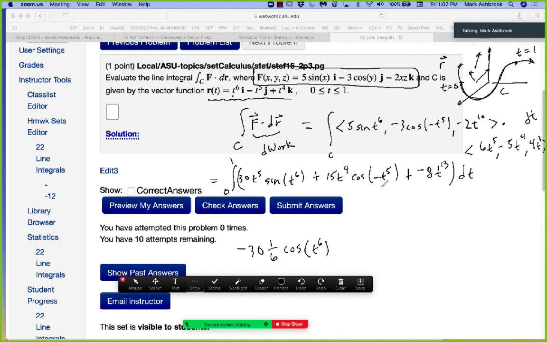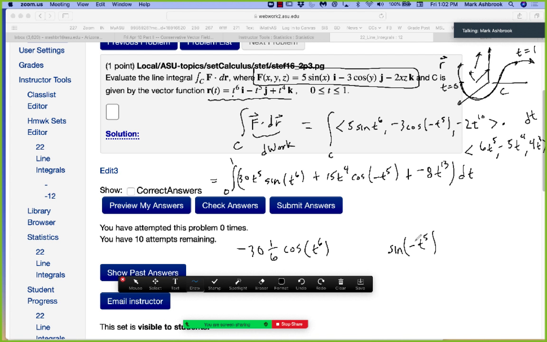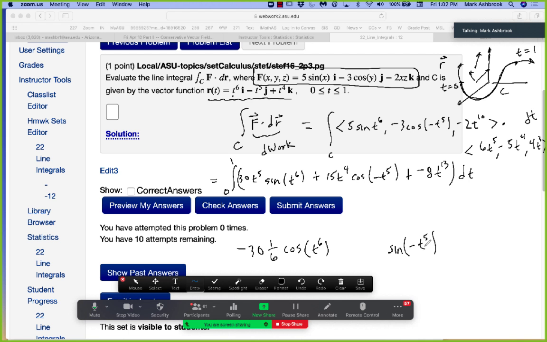Okay, same thing here. The antiderivative is going to be sine. And if you need to use u substitution, that's perfectly fine. The antiderivative of cosine is sine, but I'm going to get a negative when I take the derivative of the inside.